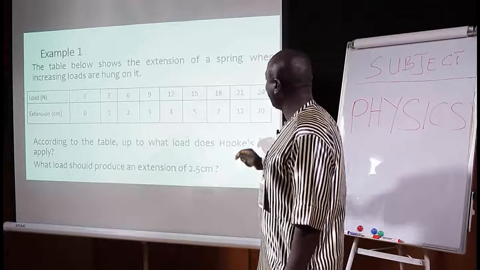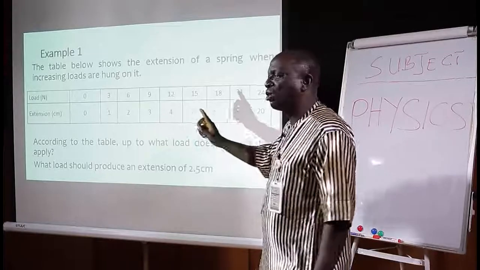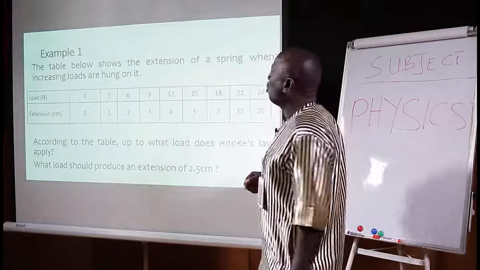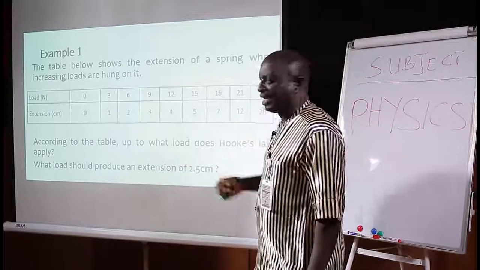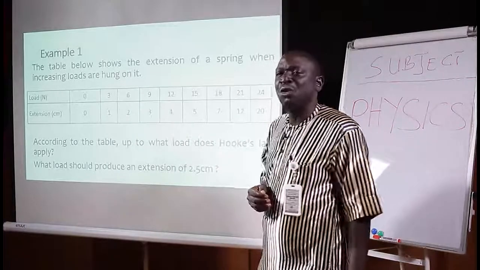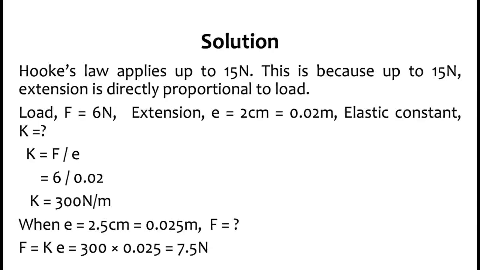After 15 Newton, at 18, the increase is more than 1. So we can say, therefore, up to 15 Newton, Hooke's law is obeyed. Solution: Hooke's law applies up to 15 Newton because from 0 to 15, we see that the extension increases by equal amounts.